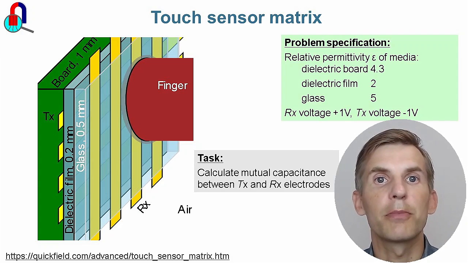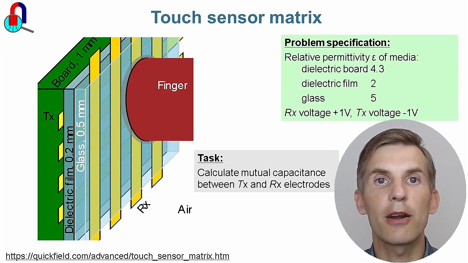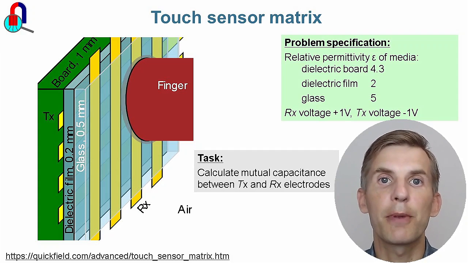To measure the position, you apply the potential difference to a pair of electrodes and measure the capacitance, then apply the potential difference to another pair of electrodes and again measure the capacitance, and repeat this process for each pair of electrodes.